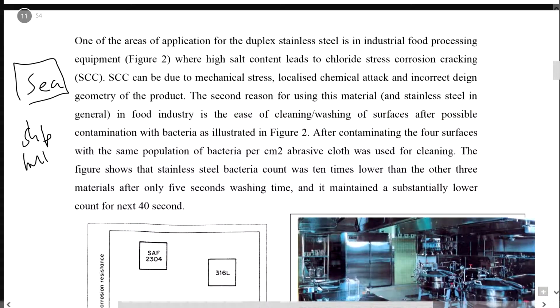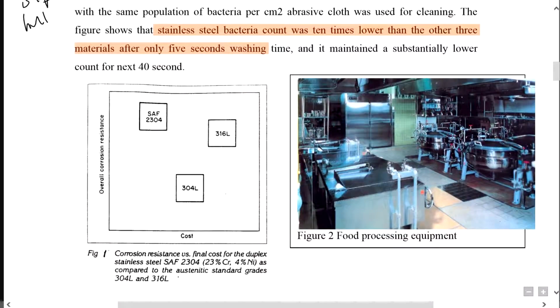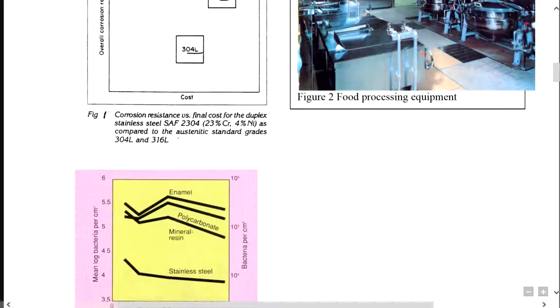In terms of bacteria, duplex stainless steel is 10 times lower than the other three materials. So overall corrosion resistance, 316L, I think it's some other materials.